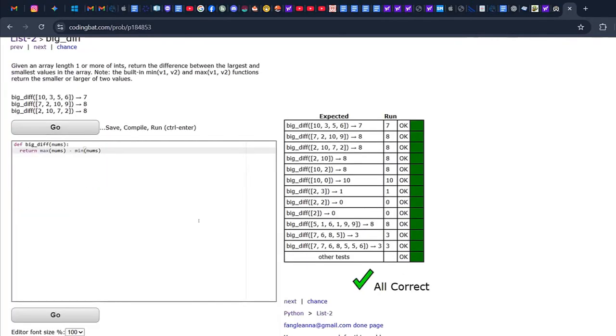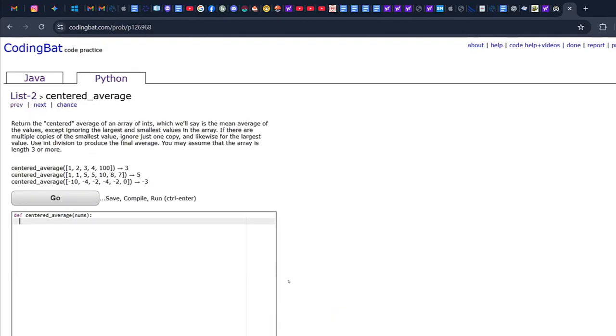One more problem. This one easy. You not understand this one? What do they need or no?